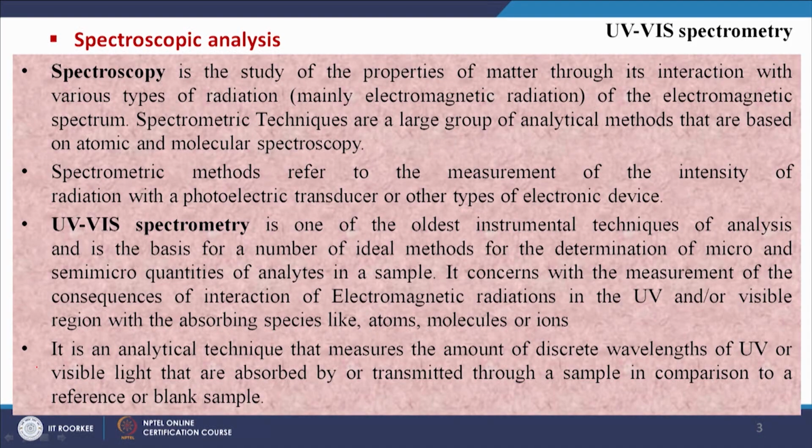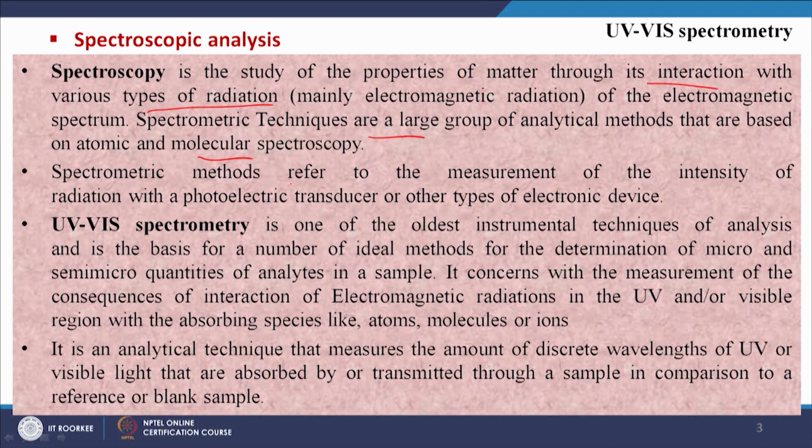So, spectroscopy is the study of the properties of matter through its interaction with various types of radiation, normally electromagnetic radiation of the electromagnetic spectrum. Spectrometric techniques are a large group of analytical methods that are based on atomic and molecular spectroscopy.